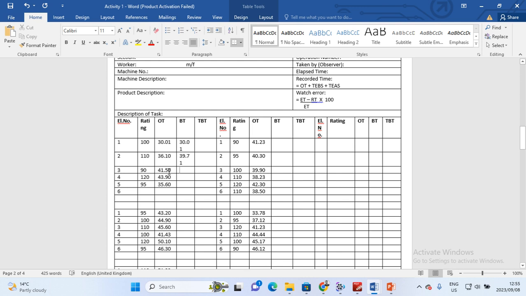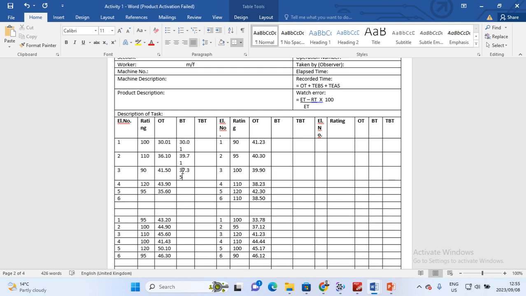You take the answer and divide it by 100, which should give you 37.35. And that's how you find your basic time for each of the elements in each of the 5 cycles.